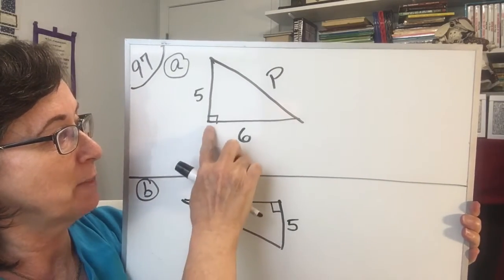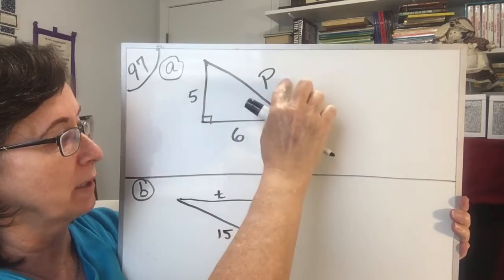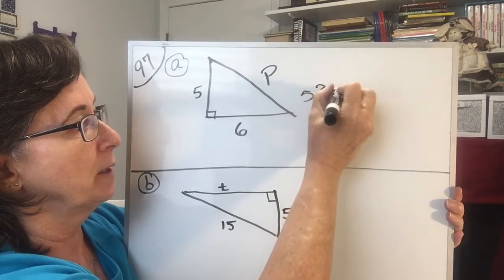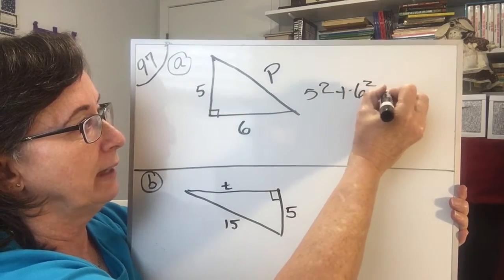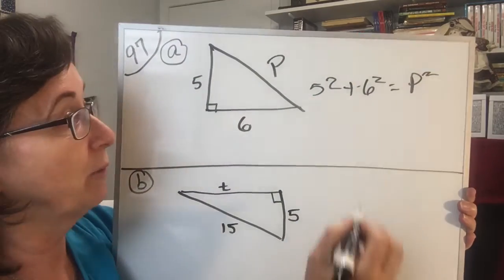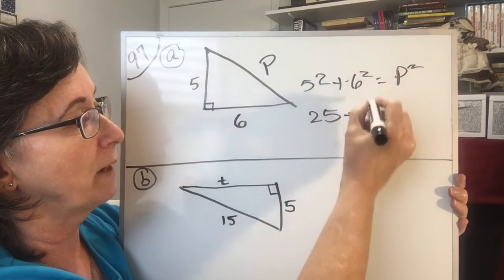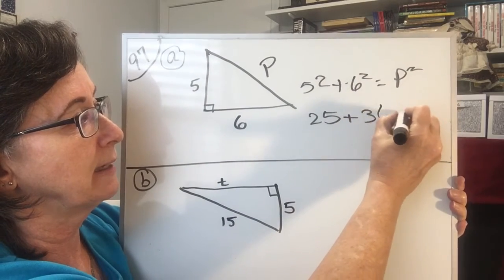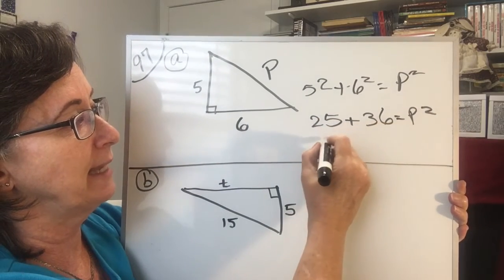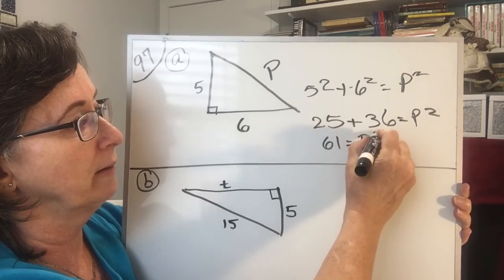All right, so we first make sure that our right angle and our hypotenuse are what we're looking for. We're looking for the missing hypotenuse here. So we're going to say 5 squared plus 6 squared equals p squared will be our equation. So now 5 squared is 25, 6 squared is 36, equals p squared. 25 plus 36 is 61 is p squared.